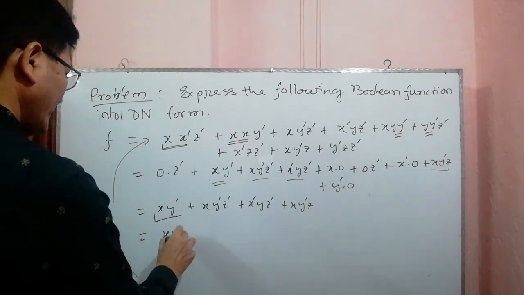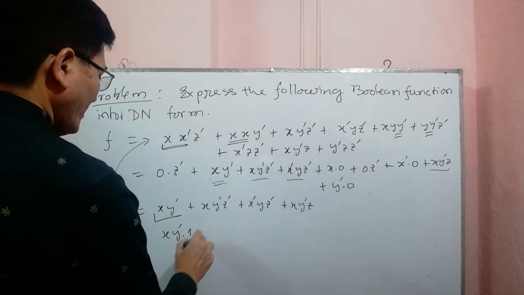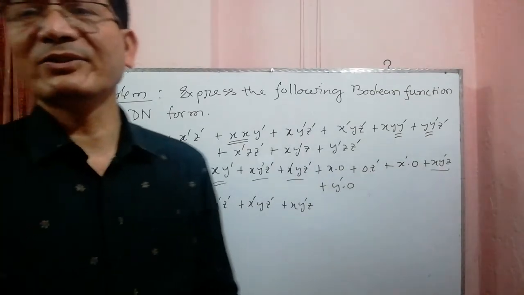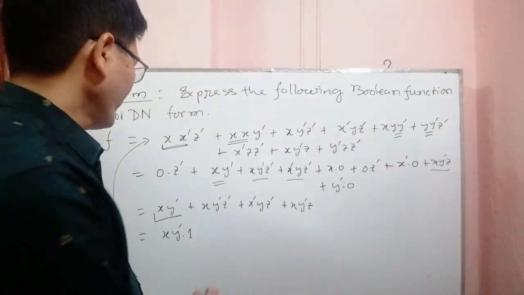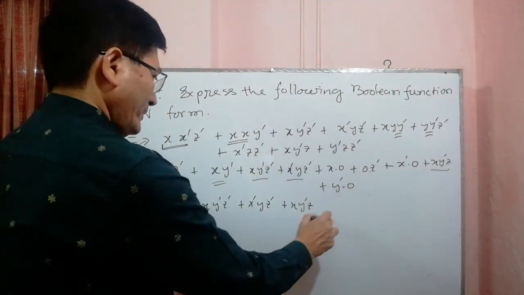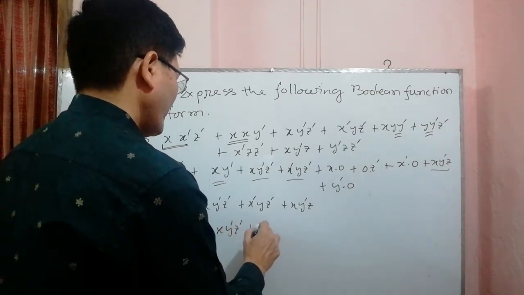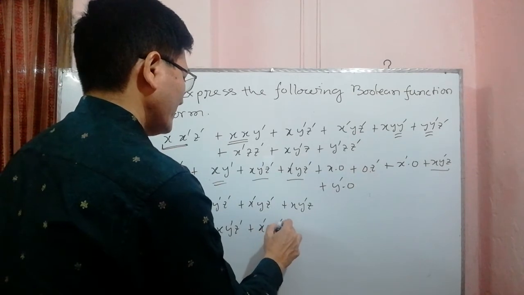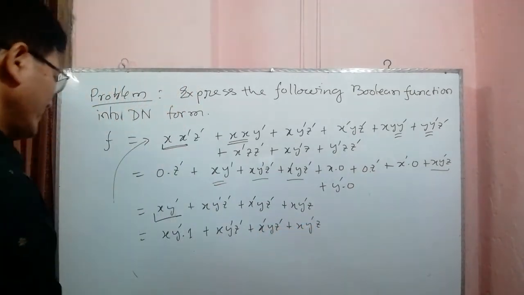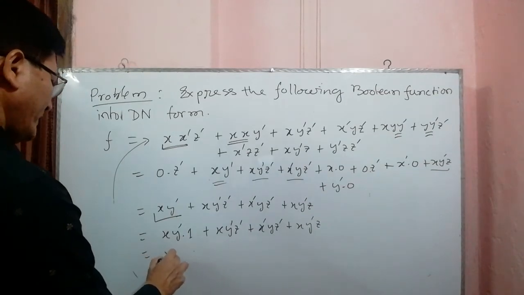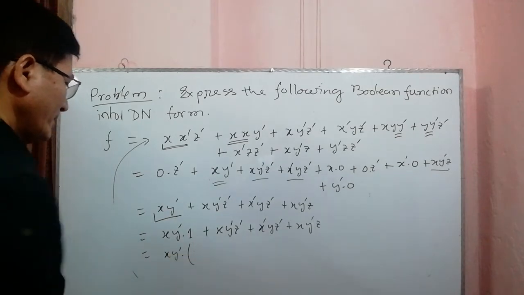We are taking 1 here because 1 is not creating any influence in the given function, and it will remain the same. The other terms: x y prime z prime plus x prime y and z prime plus x y prime and z remain.